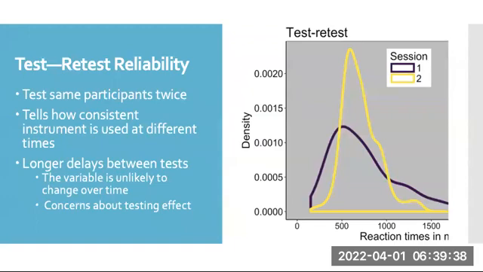Test-retest reliability requires testing the same participants twice, using the same measurement instrument to measure a variable both times, and then comparing the pair of measurements for each case.